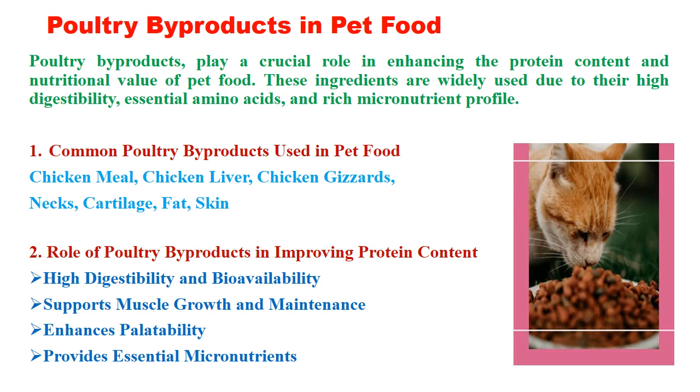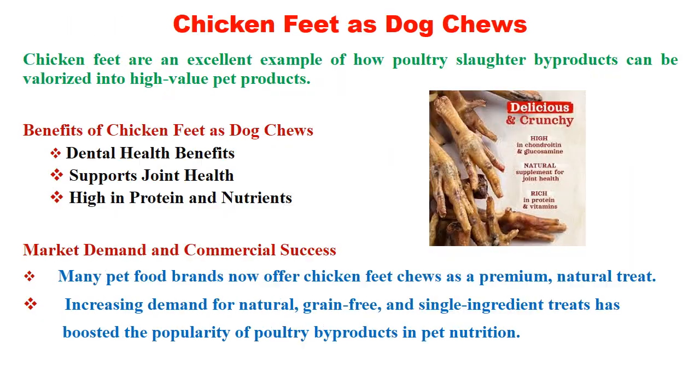All these proteins support muscle growth and maintenance, enhance the palatability of the pet food, and provide essential micronutrients and macronutrients. So these poultry byproducts can provide protein, fat, minerals and vitamins.